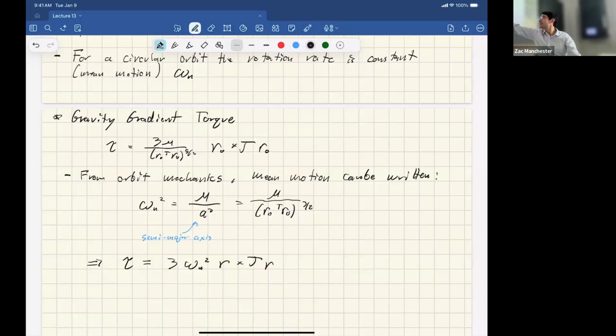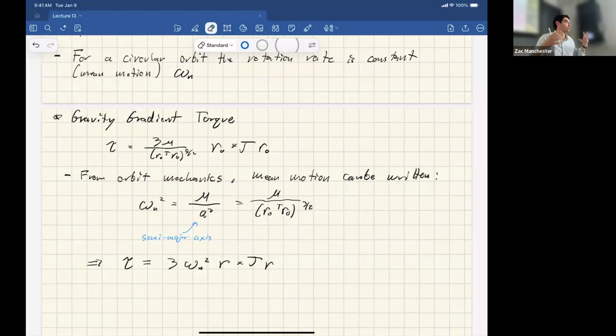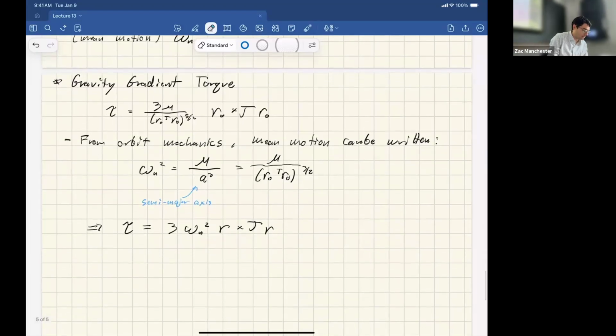Here, what I've done is I've written it as r, which is our RTN frame unit vector. So essentially I've divided through by a couple of times, and that's why this was a 3 halves, and that's how I get the 5 halves, to make that whole thing cancel. I went from r naught to r, so I effectively pulled out another r naught squared. Okay. And we remember from before, this goes to 0 when r is parallel to an eigenvector or principal axis of J.